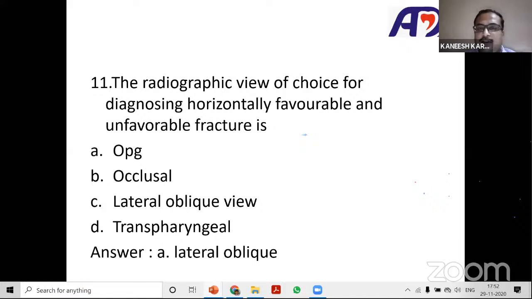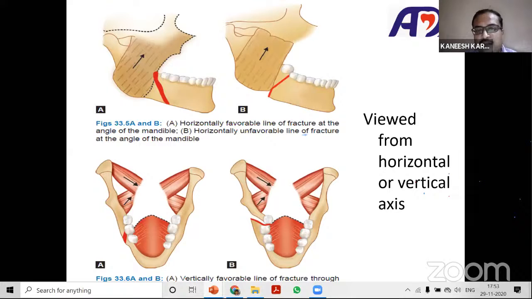Let us see what is horizontally favorable and unfavorable and vertically favorable and unfavorable. When I was studying UG, I never understood why they are calling this horizontally favorable and unfavorable and this vertically favorable and unfavorable. It is from the viewing axis.